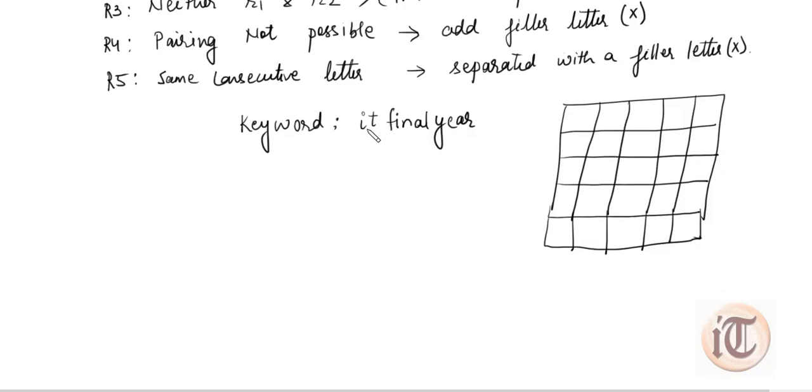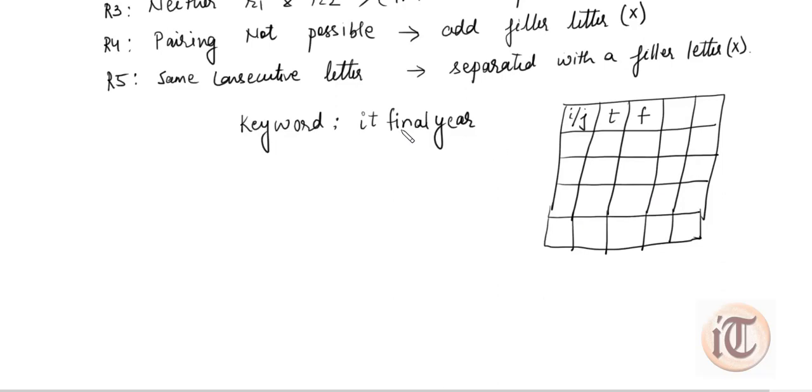The first letter is I, so I put I here, and as we know I and J are considered one letter, so I and J are placed in one cell only. The next letter is T, so I put it here, from left to right and top to bottom. Then F. One more important point is that there will be no duplicacy in the matrix.